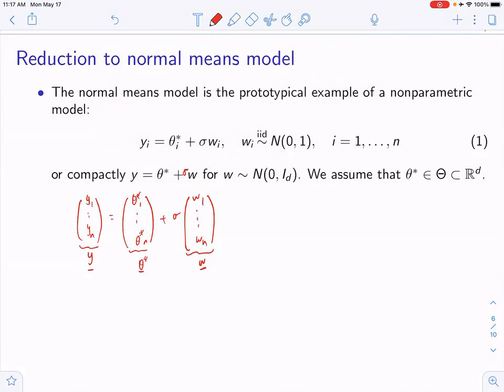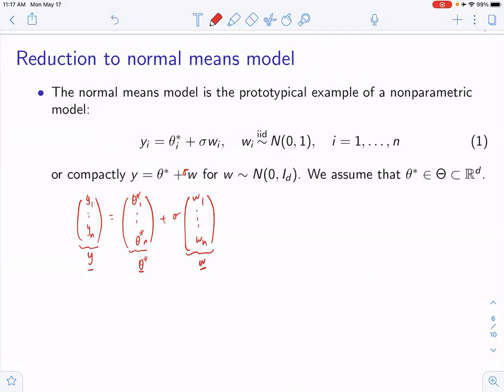You could say more if you change your loss, so that your loss doesn't care about individual values of theta star, but about an aggregate value like an L2 norm distance. Then this problem should look familiar from 200B.